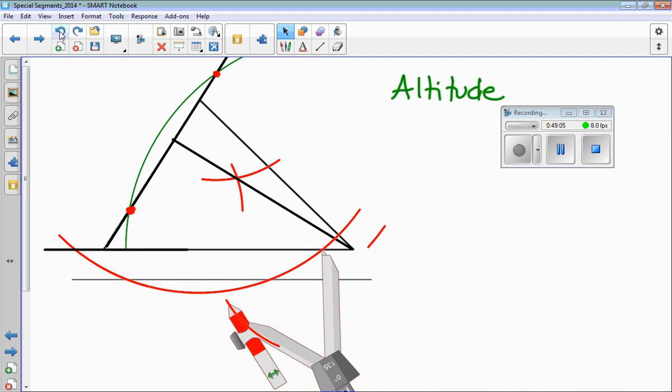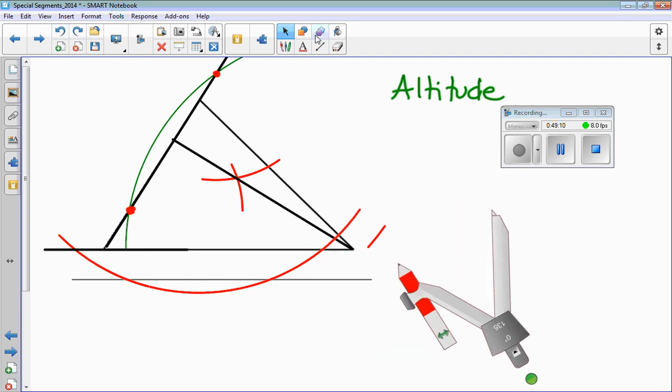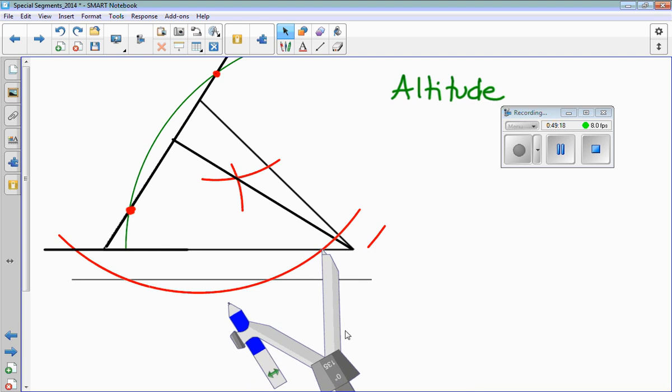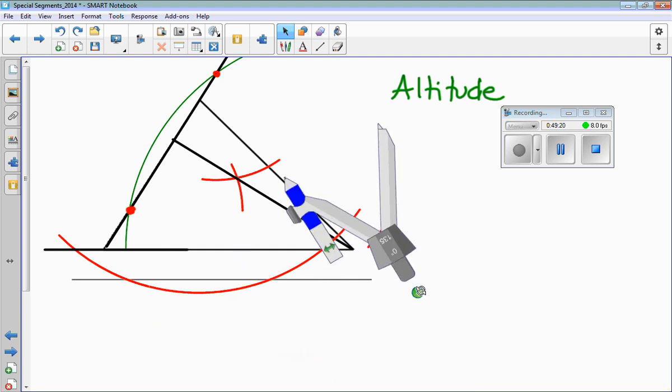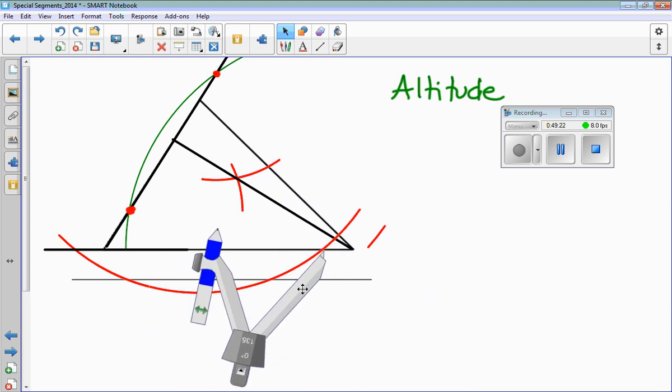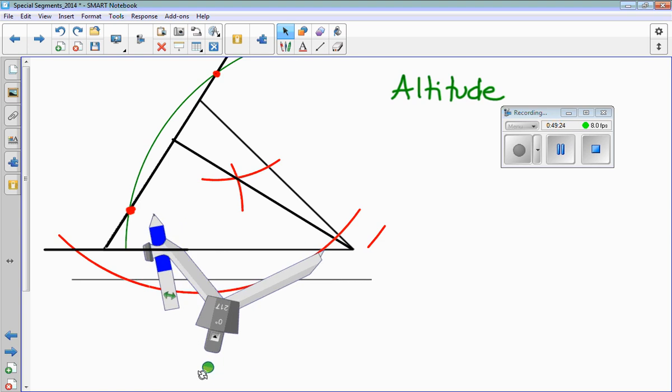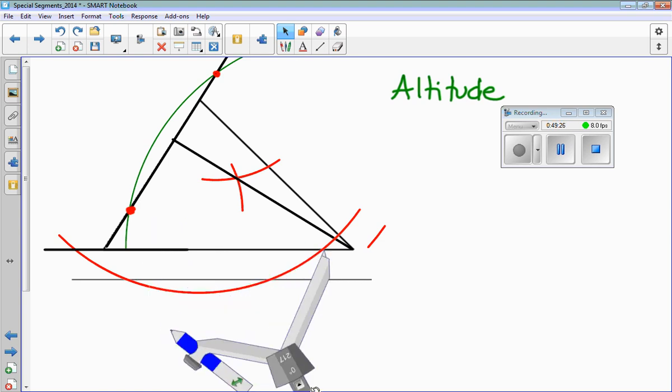Why is it being weird? There it goes. Okay. I'm going to change colors so I don't get confused for myself. Let's make this one blue. Now, I'm going to make sure that this is more than halfway. It does not appear as though it is. So let's make it a little bit bigger so it's more than halfway, and it is now. So I'm going to make an arc down here.